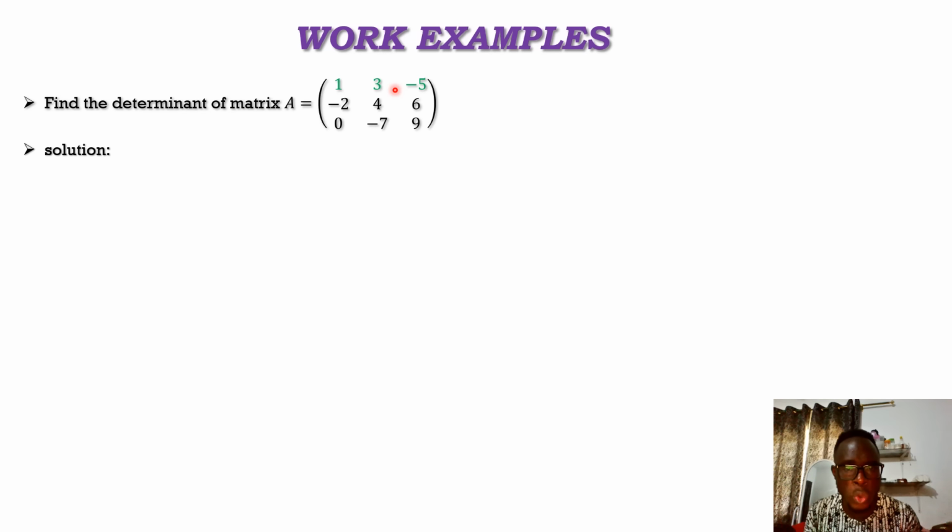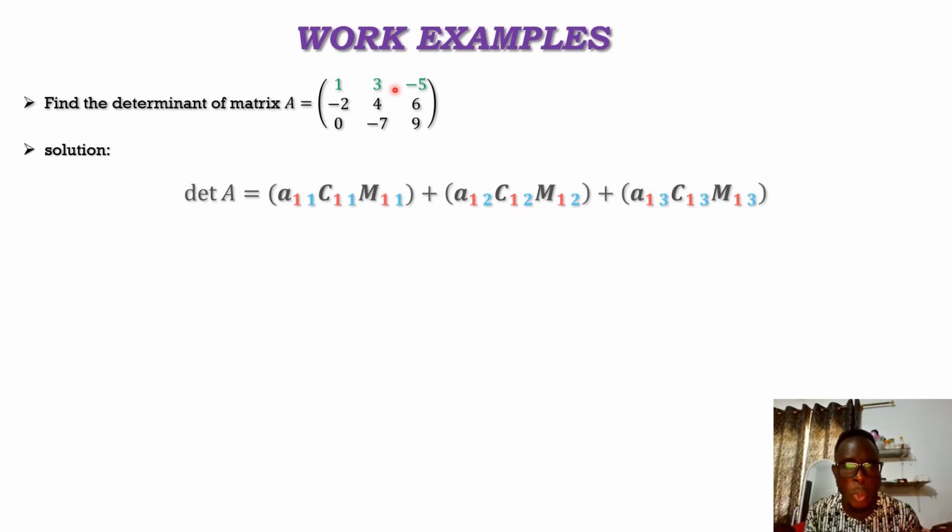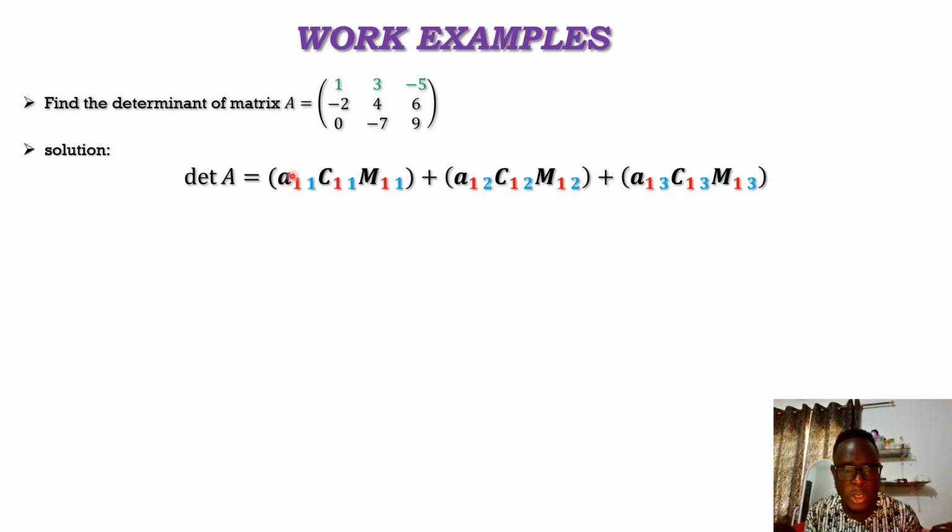The first row will be 1, 3, negative 5. So determinant A will be equal to the first element, its cofactor, its minor. The next element in that first row, its cofactor, its minor. Then the next element in that same row, its cofactor, its minor.